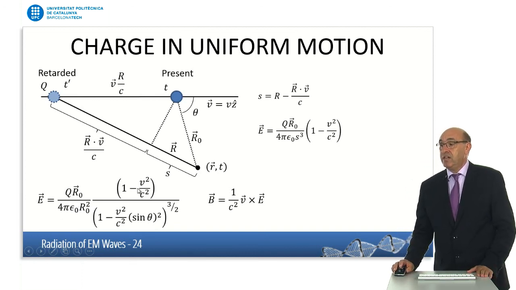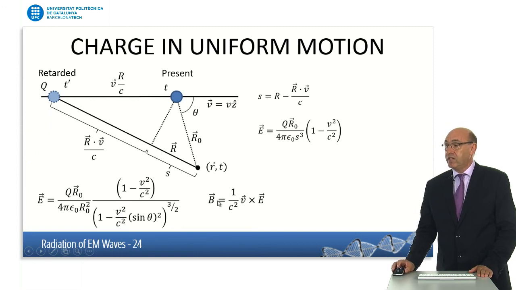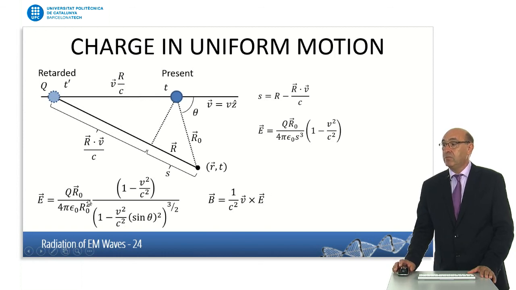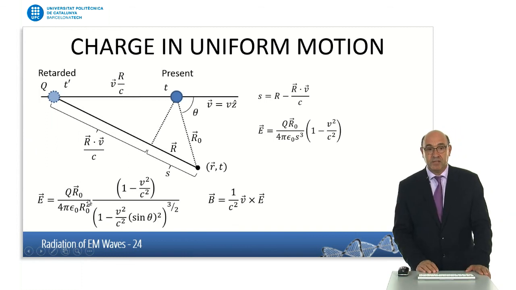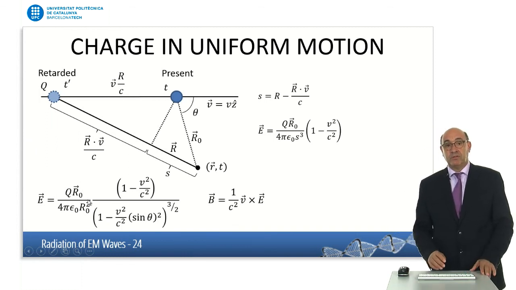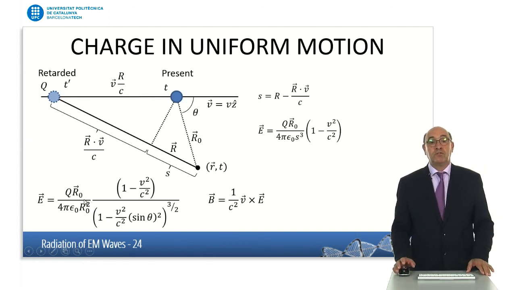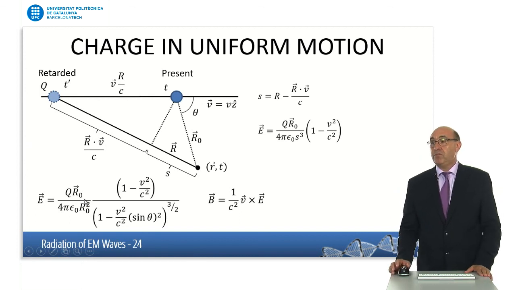And it depends on the angles and the ratio of the velocities. There's also a magnetic field that has this expression, and since it's proportional to the cross product we commented on before, this field will also fall off with the same law. And this is just the basic expression to write those fields. In the previous animation, those are the radial lines you saw before.